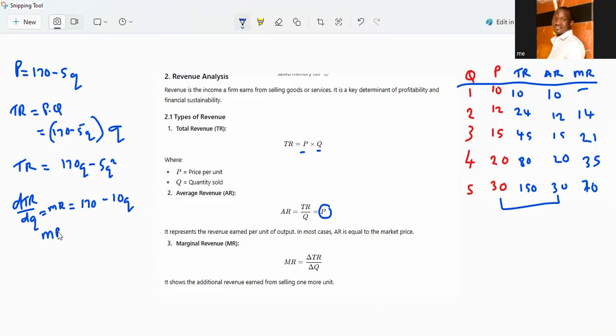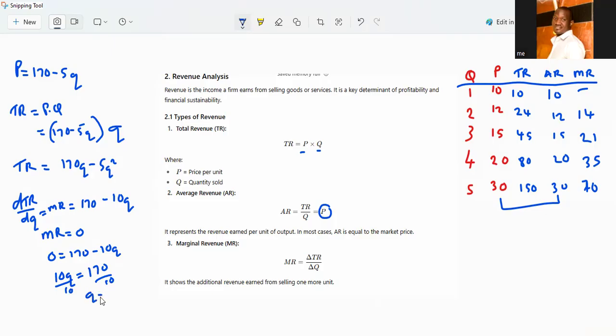When we set the marginal revenue to 0, we are simply maximizing the total revenue. So 0 is equal to 170 minus 10Q. So we solve for Q and P. 10Q is equal to 170. We divide both sides by 10, and our Q therefore will be 17.